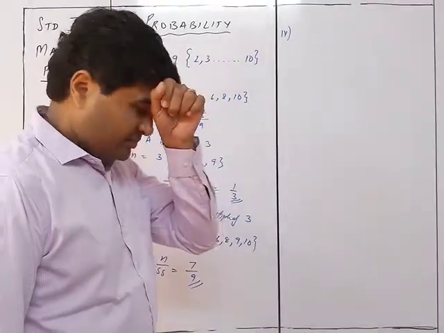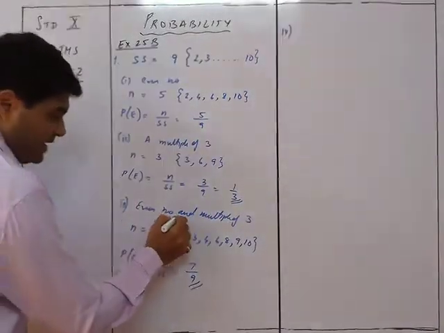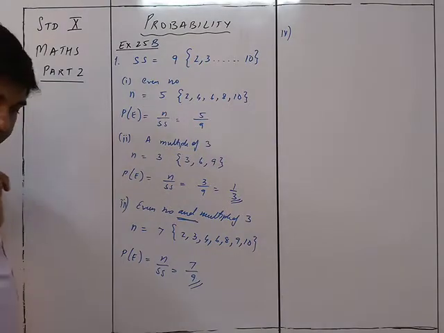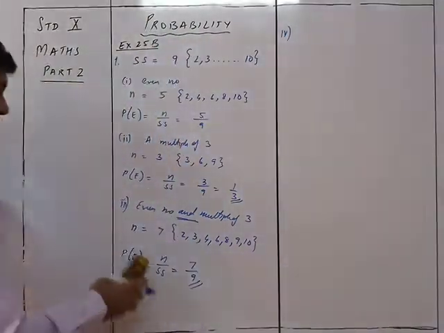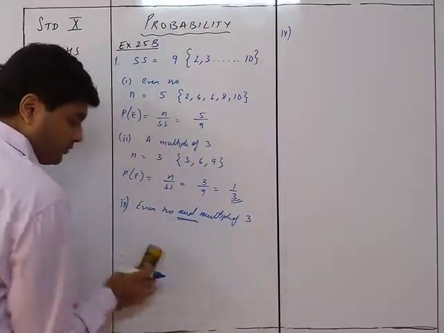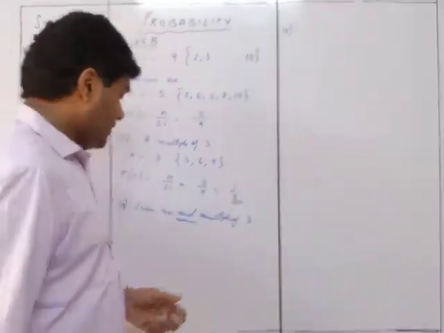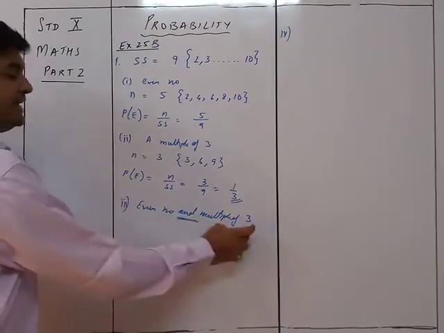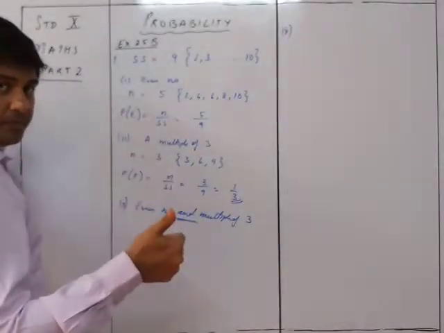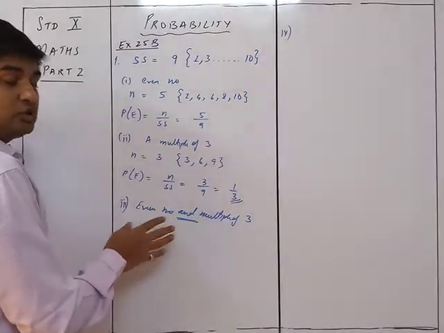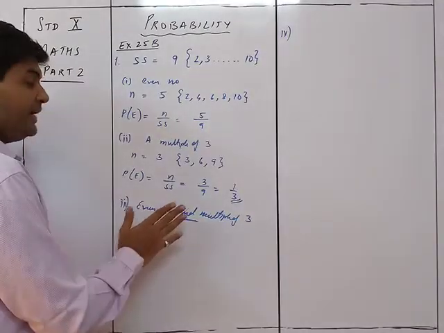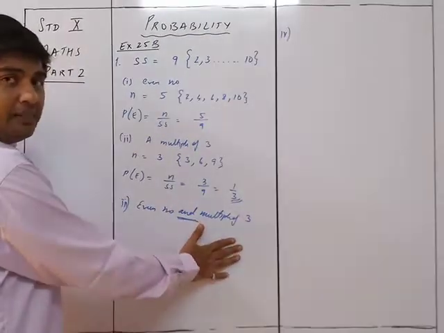Okay, sorry. It's an AND. So when it is an AND, this is wrong. AND means those numbers which have both these conditions applicable. It means it should be an even number and it should also be a multiple of 3.